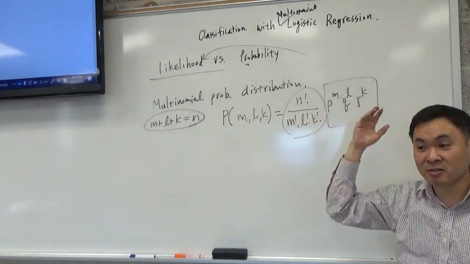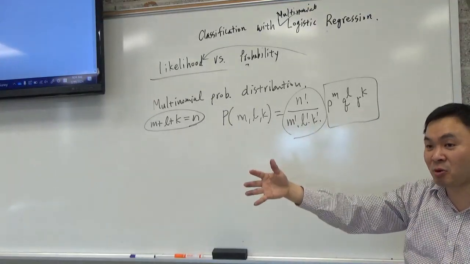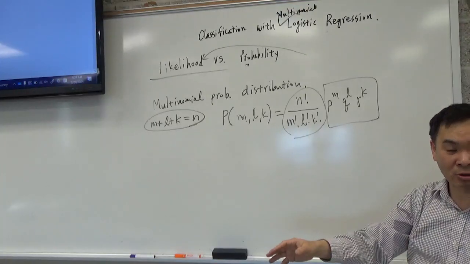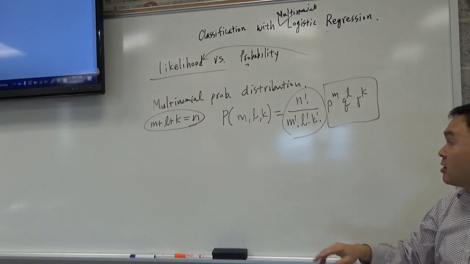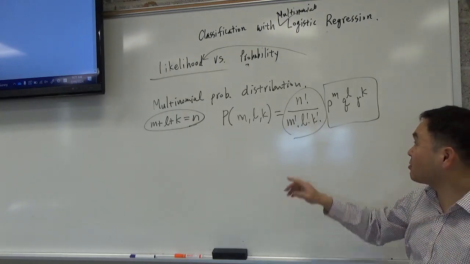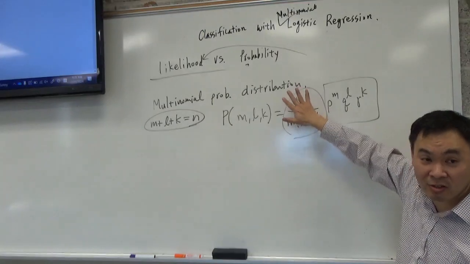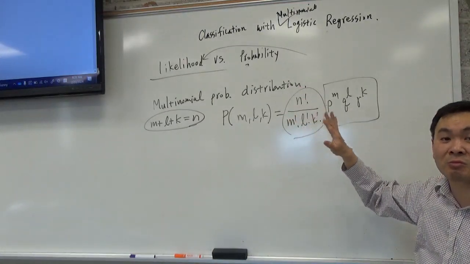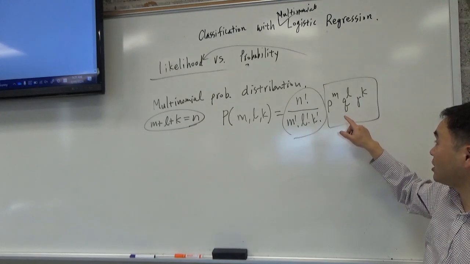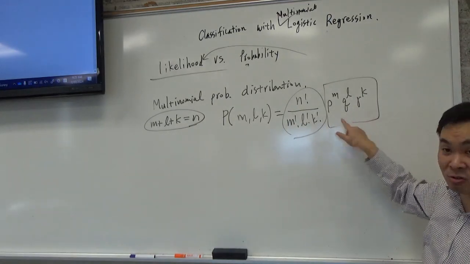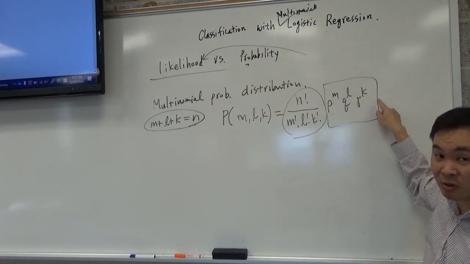We had like 10 data points where 5 of them were from group A, 3 were group B, group C was the 2, right? So if that's given, n is already given, so that's a constant that we know, so we don't really care about this. So when we say we want to maximize the likelihood function, which this is, as a function of PQR, we're really trying to maximize this one.